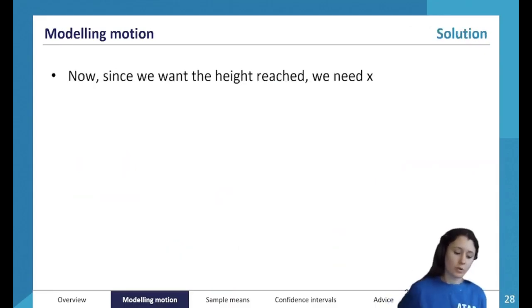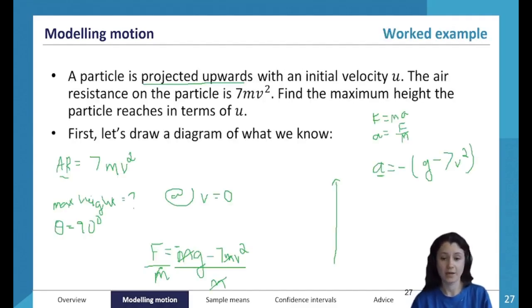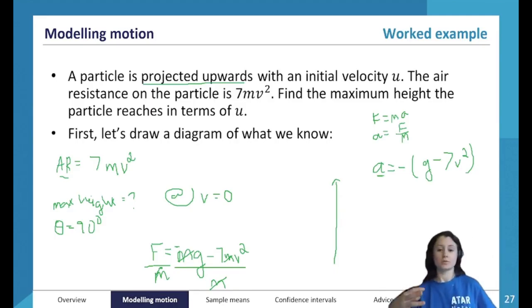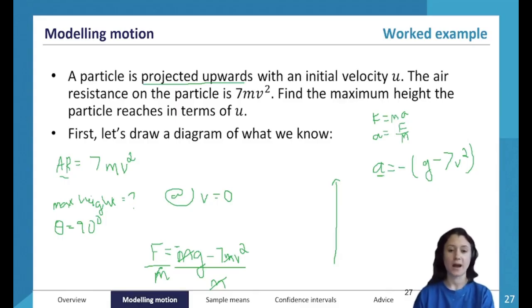Since we want to get the height, we need to get x in there somewhere, because x is the position of the ball. We want the maximum height, which will be x. So what we have over here is a as a function of v. We need to think about what equation we can use to actually get x in there.